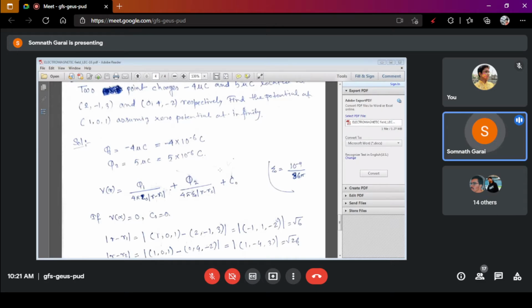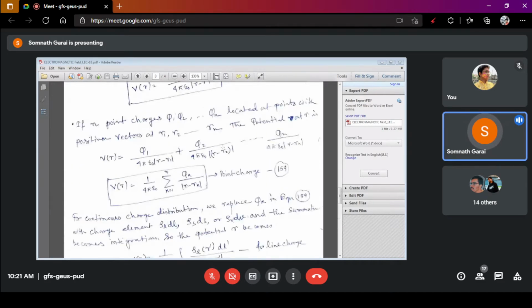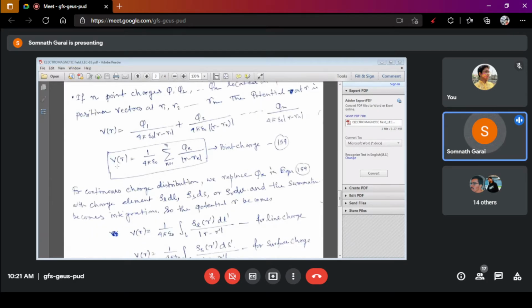Now according to this discontinuous point charges equation, V of r is equal to 1 by 4 pi epsilon naught, summation over k equals 1 to 2, because we have to move 2 point charges, of qk divided by mod of r minus rk.